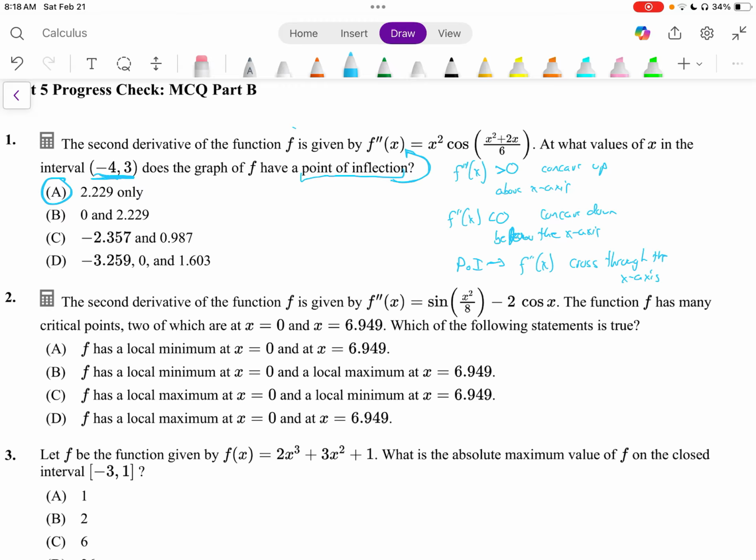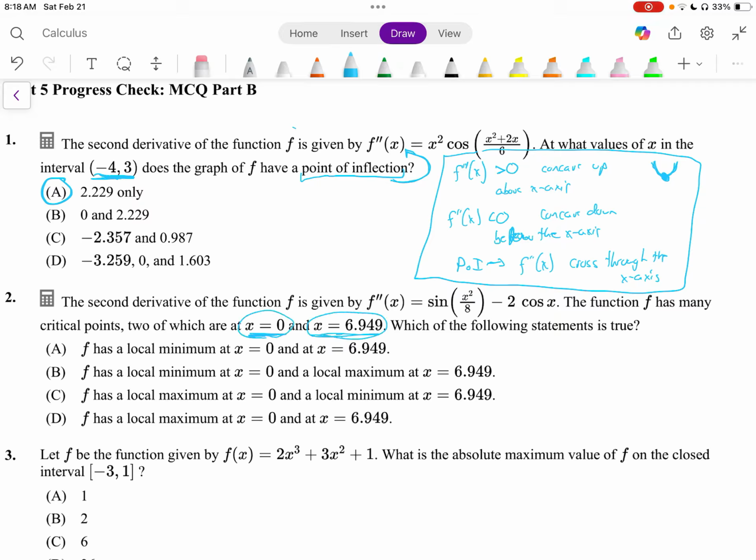All right, so this is going to go back to the idea that we talked about in the first question. We know if something is concave up, it's going to have a minimum. So since x equals 0 and x equals 6.949 are critical points, we're looking for whether the second derivative is positive or negative at these points.